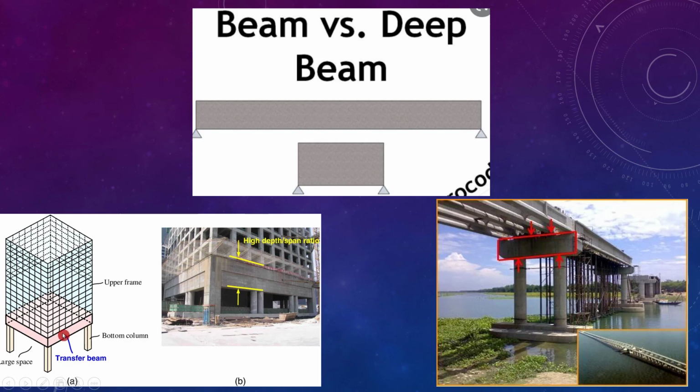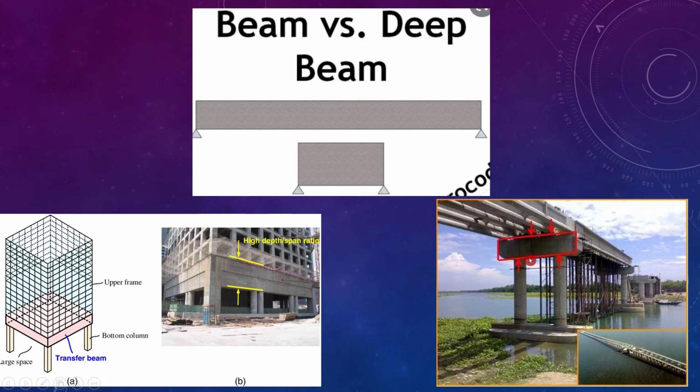One more advantage of providing a deep beam at this location is that we will get enough clear, large open spaces here. Suppose this was continuing and we didn't have the openings here, then if you want to use it for parking and all, it wouldn't be possible. So this deep beam will help in that way. This is a real picture showing the position of the deep beam.